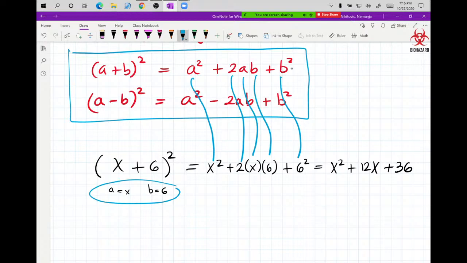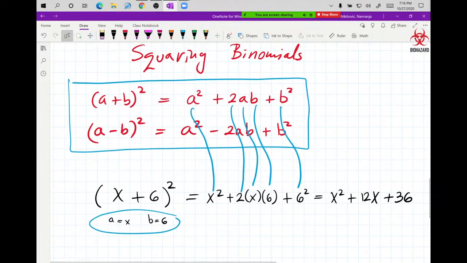Does this formula have a name? Just squaring binomials? Yes, because that's exactly what we're doing. There is a square on a binomial. What that means is we are multiplying a binomial by itself.